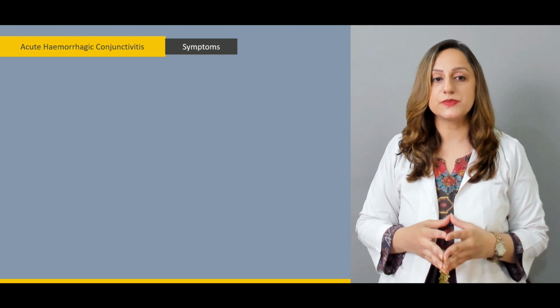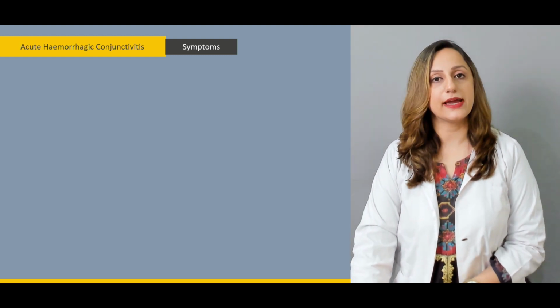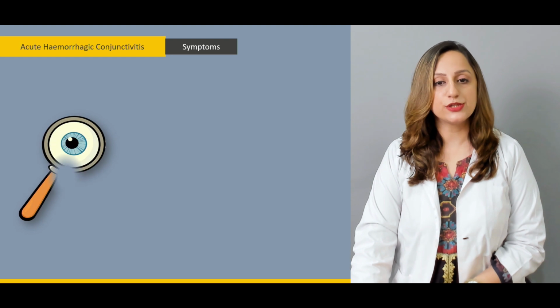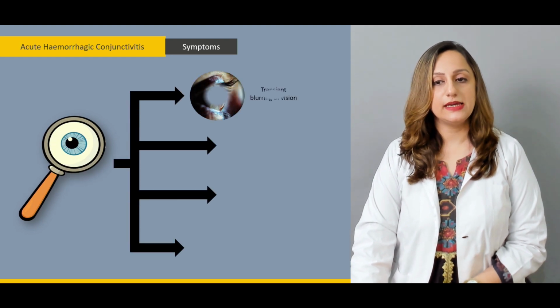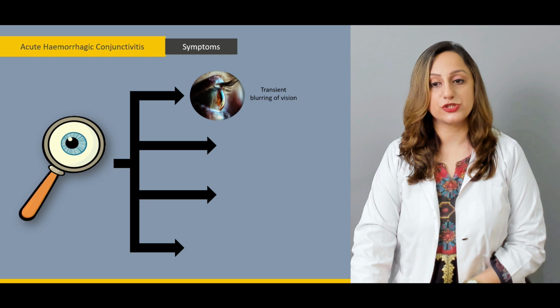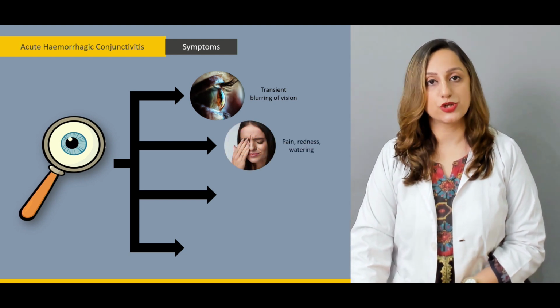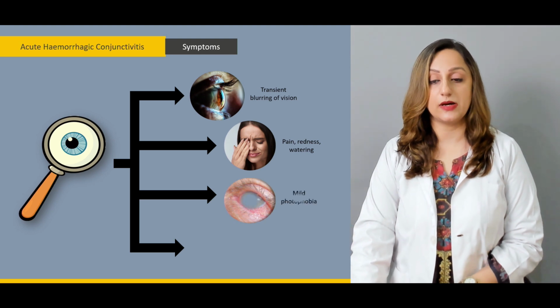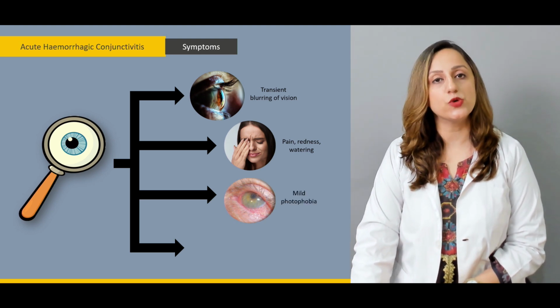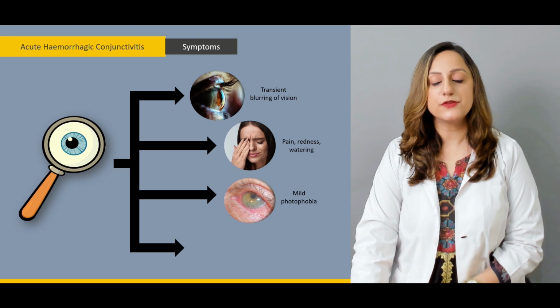The signs and symptoms of acute hemorrhagic conjunctivitis include transient blurring of vision, and then pain, redness, and watering observed by the patient, who would complain of mild photophobia.